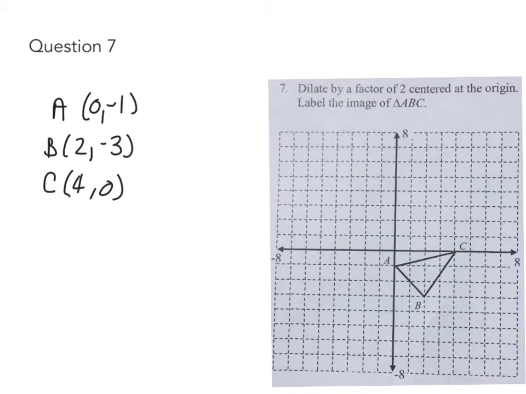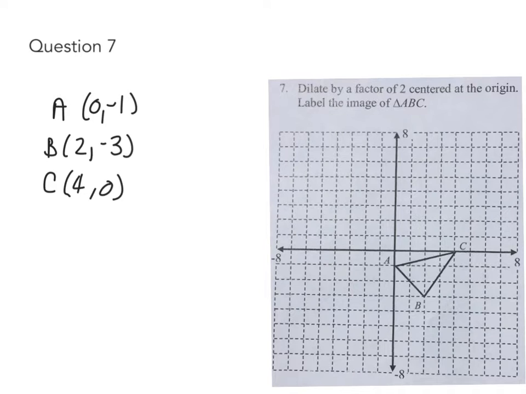There's one more way, or at least one more way, that we could do problem 7, and that involves using the coordinates and the scale factor. So this only works when the center of our dilation is the origin. So we could not have done this earlier for problem number 4.